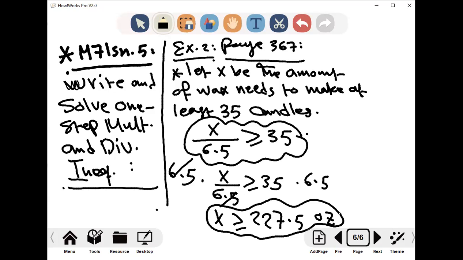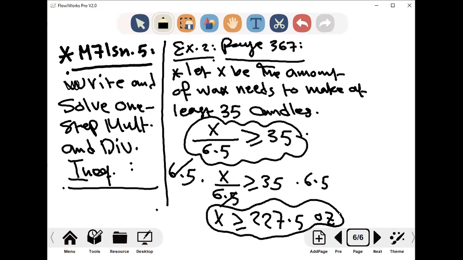Again, we have 227.5, right? If she bought less than this number, she will make less than 35 candles, which is not wanted. Got it? If she bought more than 227.5, she will make more than 35 candles, which is acceptable, right?